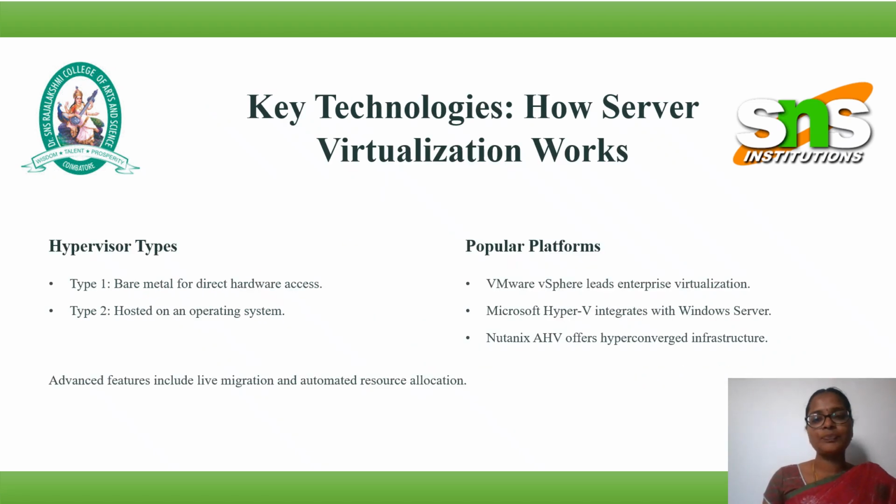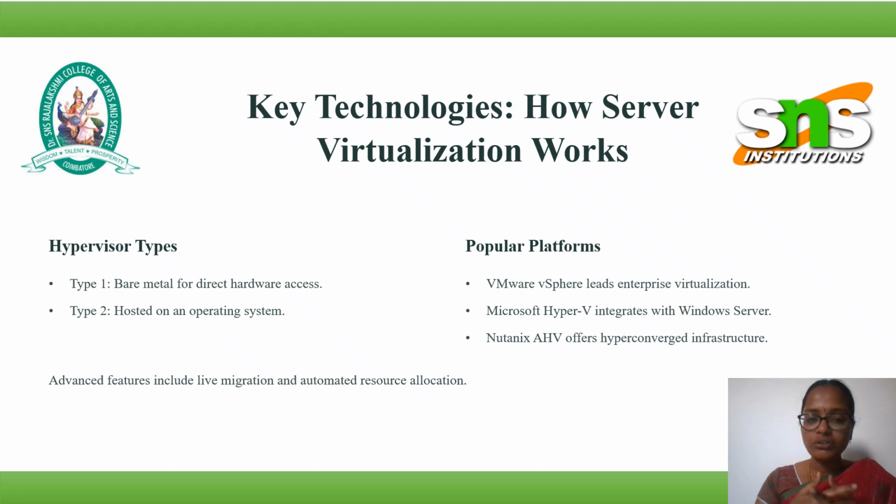Key technologies: how server virtualization works. Server virtualization works based on hypervisors. We have two kinds of hypervisors, type 1 and type 2. Type 1 represents bare metal for direct hardware access. If you want to access the hardware of your physical system directly, we use a type 1 hypervisor layer.